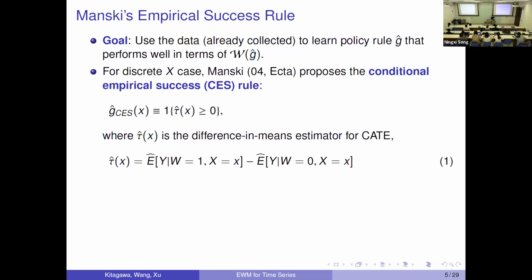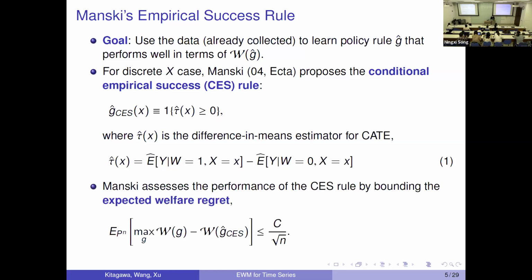Basically, he proposed to use this policy function where tau hat is the difference in means estimator of the conditional average treatment effect. Once this estimated average treatment effect is larger than 0, not negative, we decide to assign the treatment.